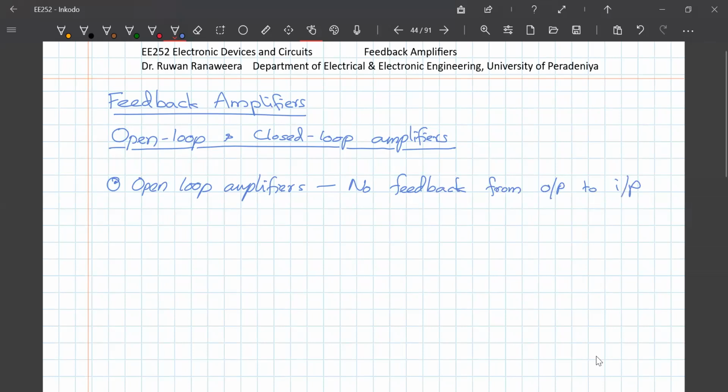So this is like, you feed something to the input and you get the output, and sometimes, for example, if the temperature varies, some of the parameters might change, but we don't really care about it.